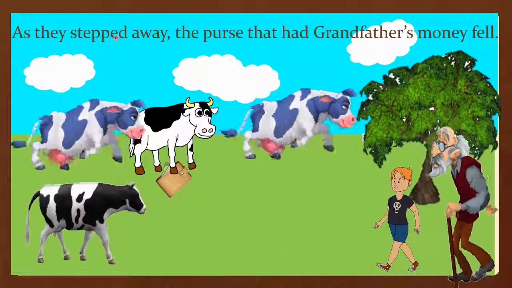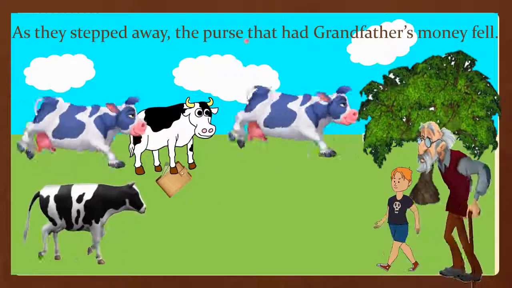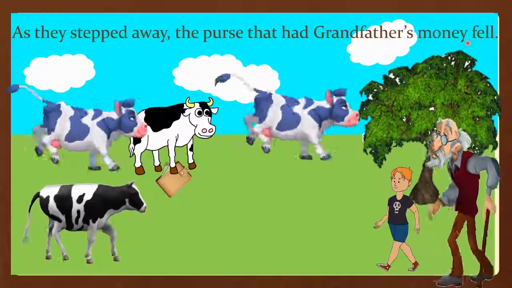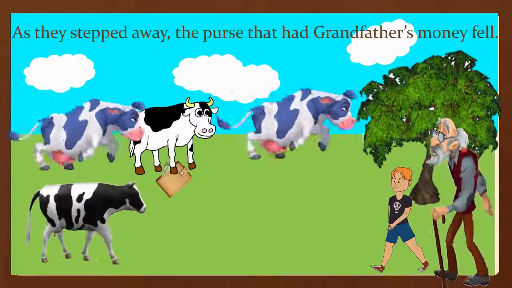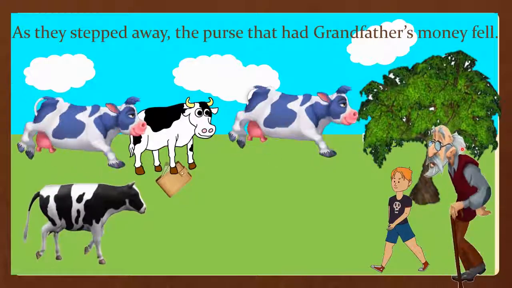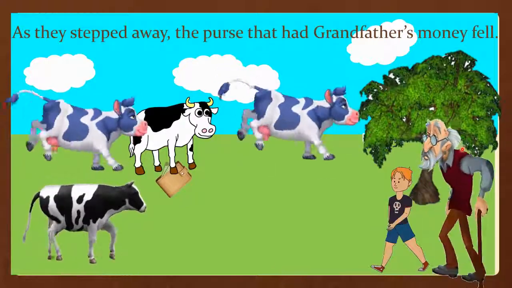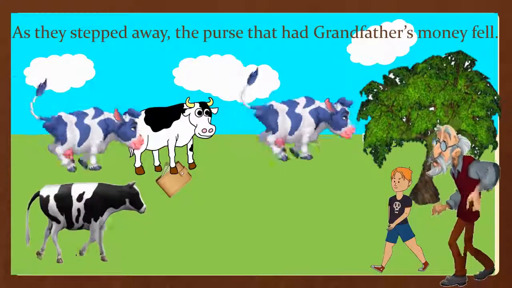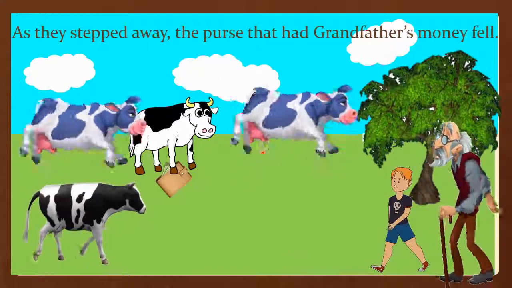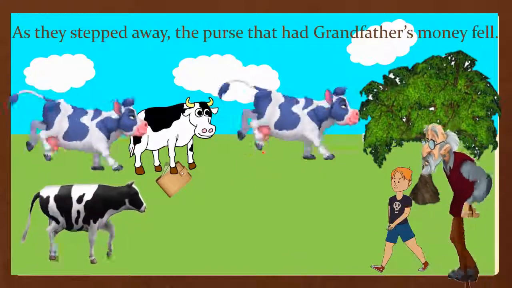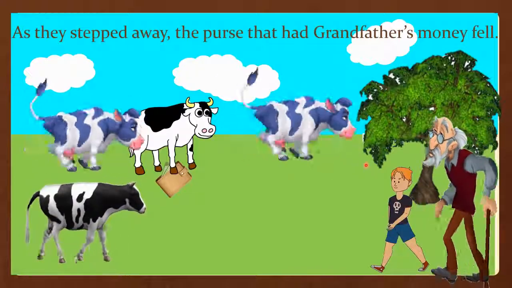As they stepped away, the purse that had grandfather's money fell. So students, as you can see in the picture, Lashin and grandfather moved far away because the herd of cows were coming near them. They stepped away. They went far.